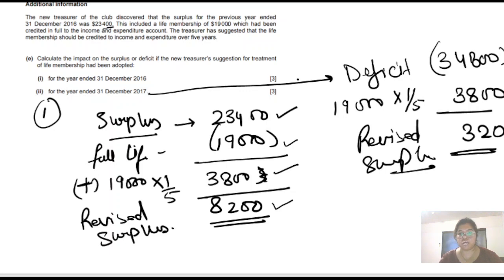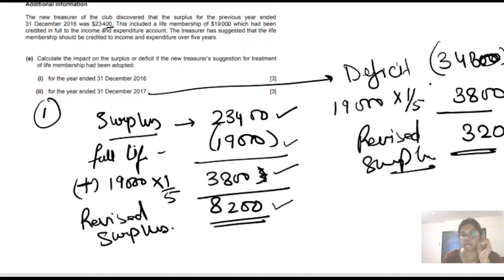If you calculate the life membership on 31st December 2017, then we are already having a deficit, that is 34,800. Then we take 19,000 divided by 5, so 19,000 divided by 5 is 3,800.